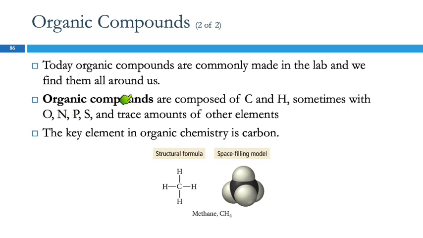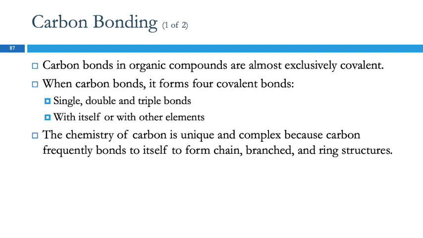Organic compounds are going to have carbon and hydrogen in them, and sometimes some other elements. But the key element is carbon. So organic compounds have carbon and hydrogen, and that's the important part. Carbon bonds are going to be covalent bonds, and carbon atoms always make 4 covalent bonds.